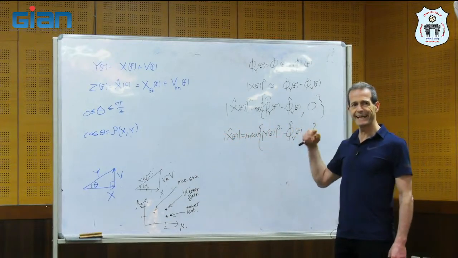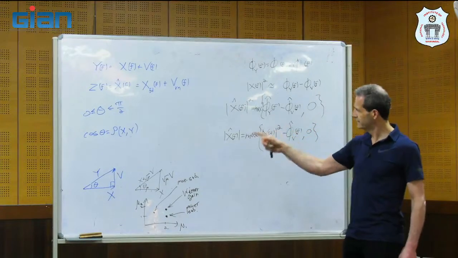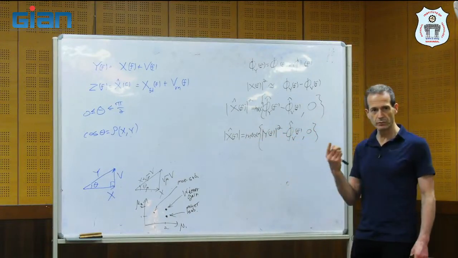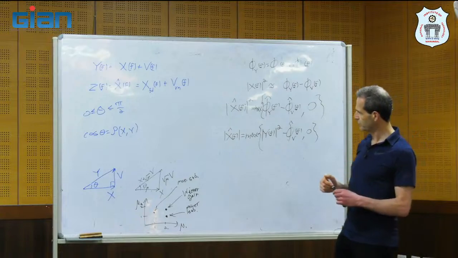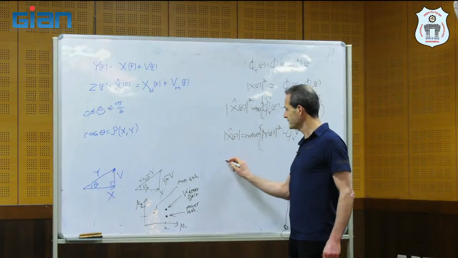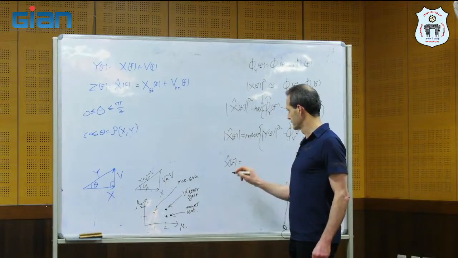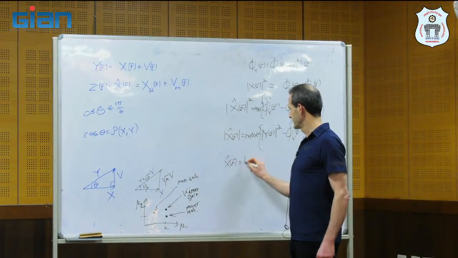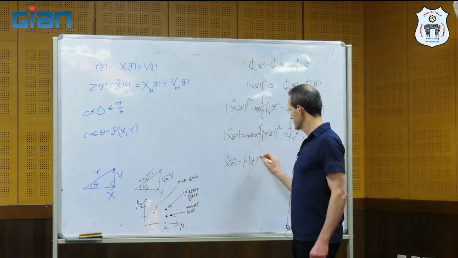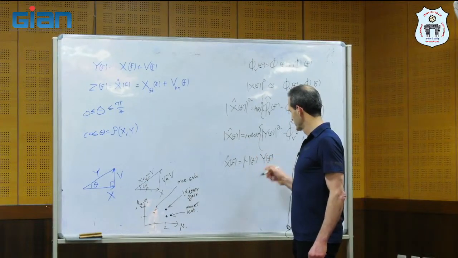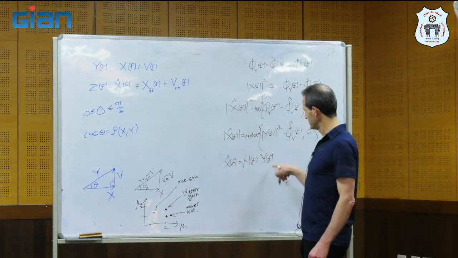What is the gain? The gain for this power subtraction. How do we find the gain? I remind you, the gain looks like that. Okay, this is Z. It is H f multiplied with Y f. So the gain is this ratio.